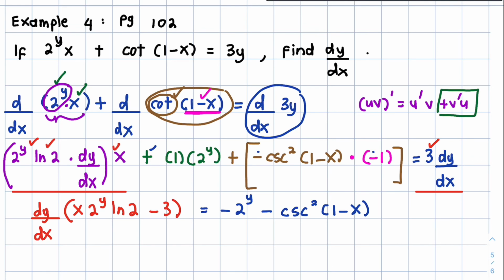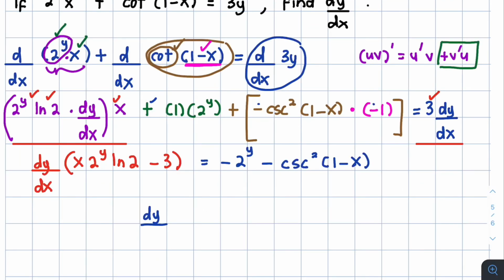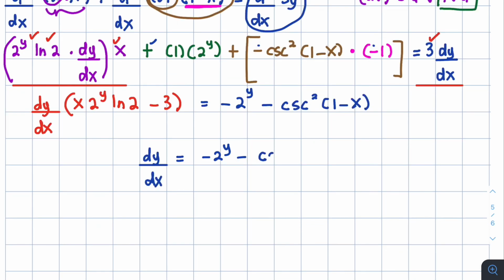Make your dy/dx as a subject, which is going to give you negative 2^y minus cosecant square (1 minus x) over, this whole thing will be x 2^y ln 2 minus 3.